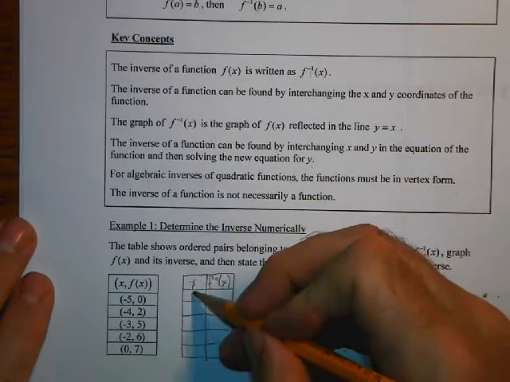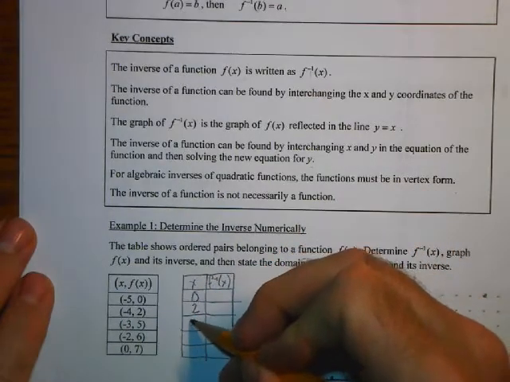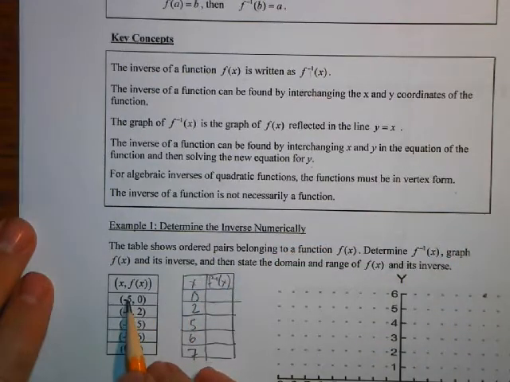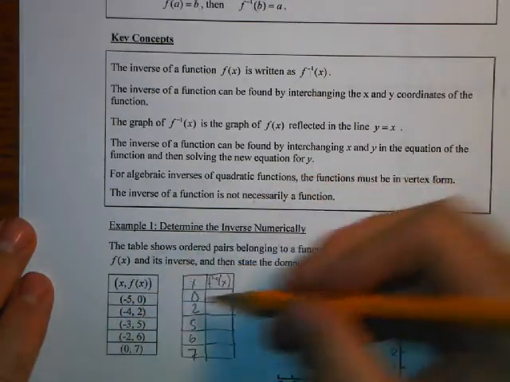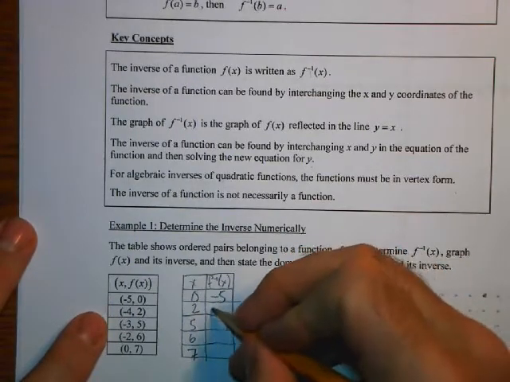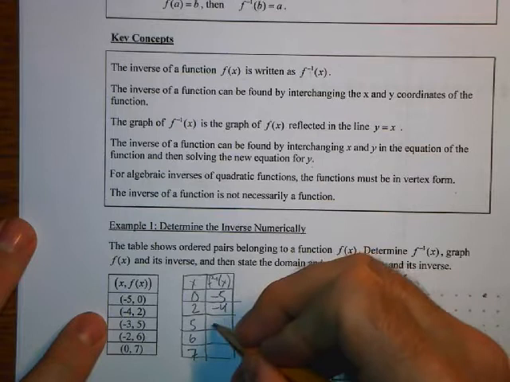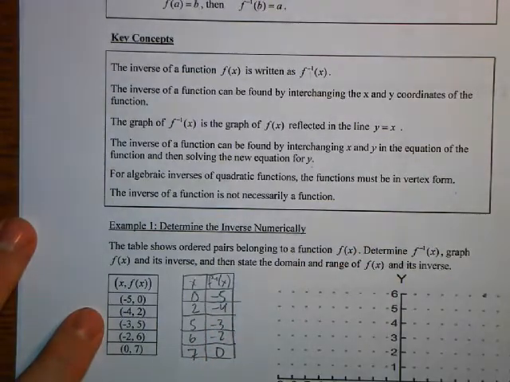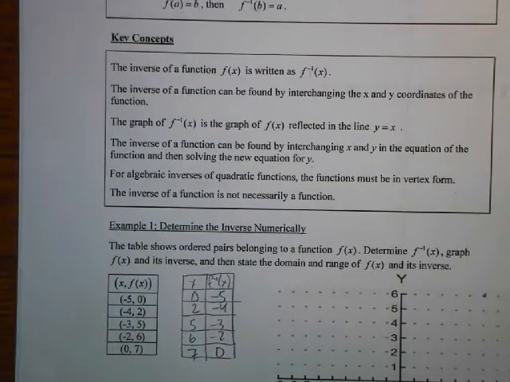So our x values would be 0, 2, 5, 6, 7, and they're related back to the x coordinates. The inputs on this table are now our outputs. So -5, -4, -3, -2, and 0. Okay, so that's nothing new that I didn't just show you. Now we're going to actually plot this, and there's going to be a characteristic of this as well.